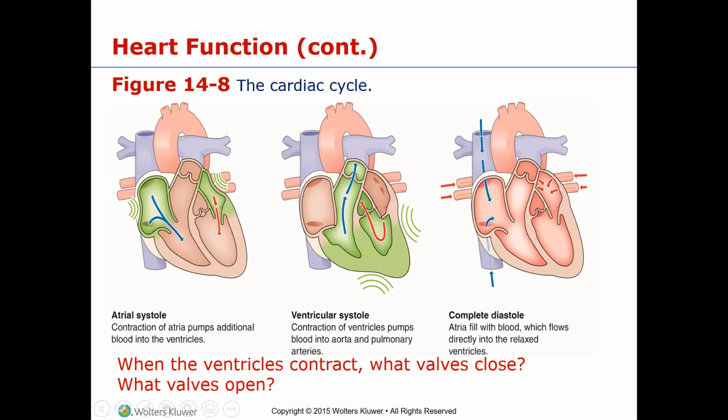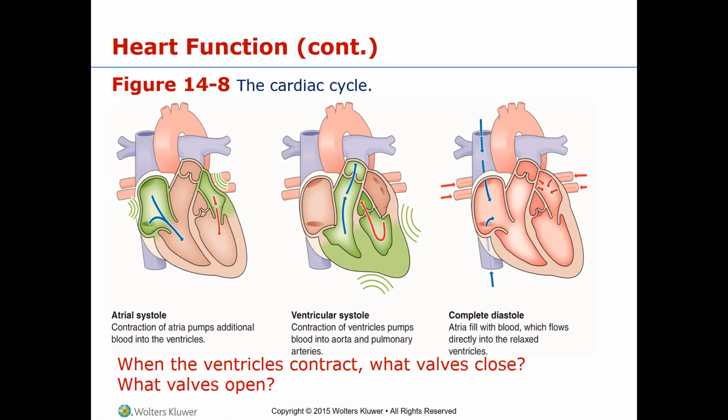So when the ventricles contract, what valves are closed and what valves are open? Looking at this, the ventricles are contracting. So what valves are closed? The atrioventricular valve between the right atrium and the right ventricle is closed.